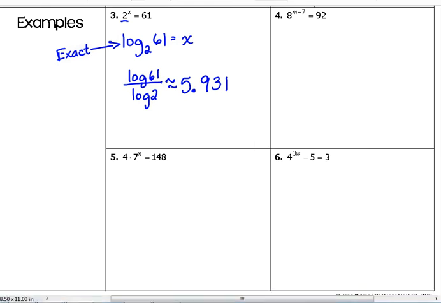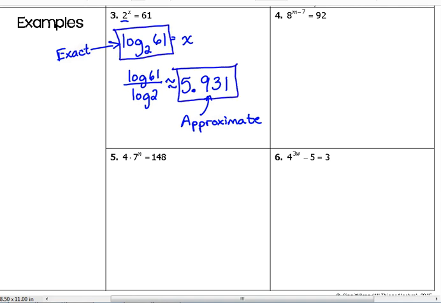So that's the exact, this is the approximate. It just depends on what the answer choices look like. They may be in log form, they may be in decimal form. But these are the same thing: log base 2 of 61 and 5.931, same answer.